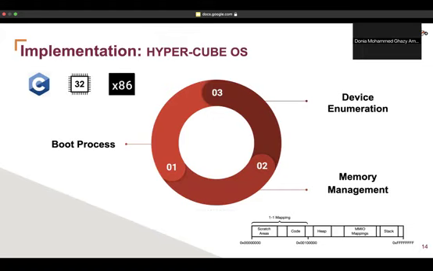Now, I'm going to briefly present the implementation of the OS and the interpreter. The OS is written in C and x86 assembly, and it executes in 32-bit protected mode.